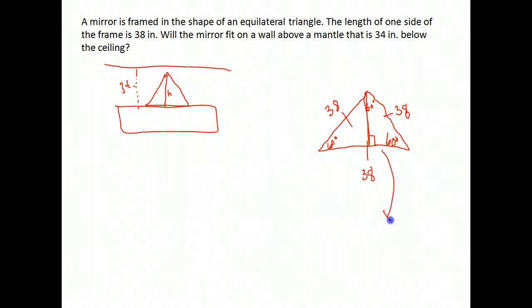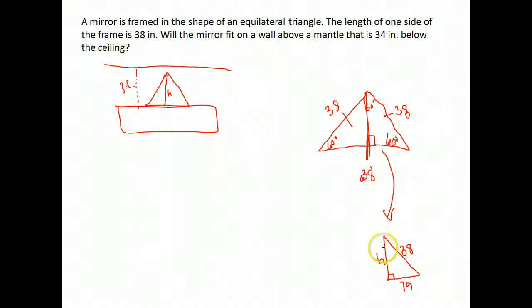And when it does that, drop this down here. Notice it creates a 30, 60, 90 triangle. Again, here's our height that we want to find. We know this is 38 inches. And what would this bottom part be? Well, it's half of the 38 because it's cutting it right in two. So it's also our short side. So 38 divided by 2 gives me a length of 19.